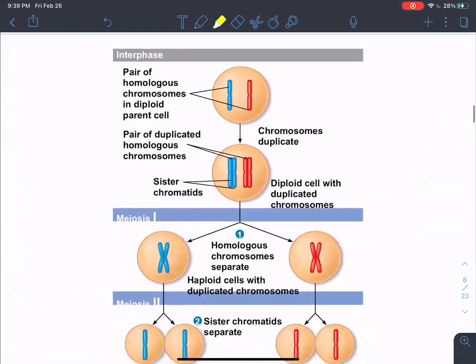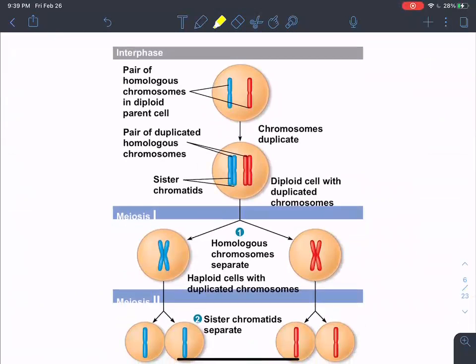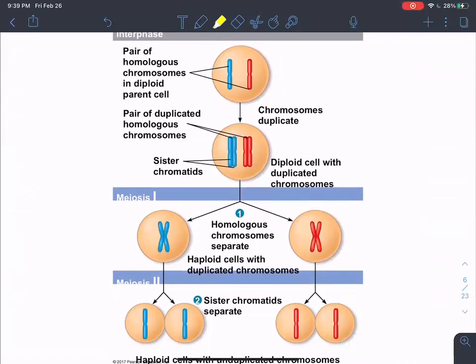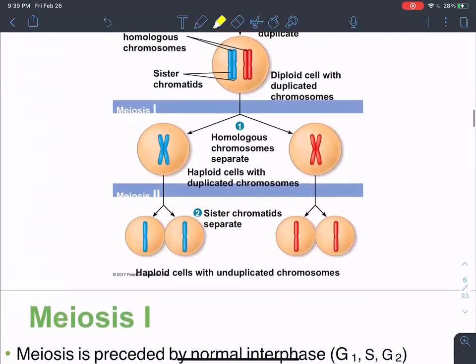So here in interphase, you're going to have a pair of homologous chromosomes in the diploid parent cell. And then you get a pair of duplicated homologous chromosomes, basically meaning two sister chromatids joined to form a chromosome, and then you'll have this homologous chromosome or copy of it, and that splits in meiosis one, so that each homologous chromosome separates into a haploid cell with duplicated chromosomes.